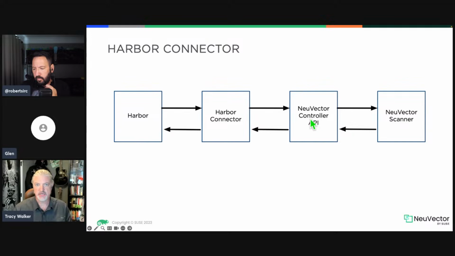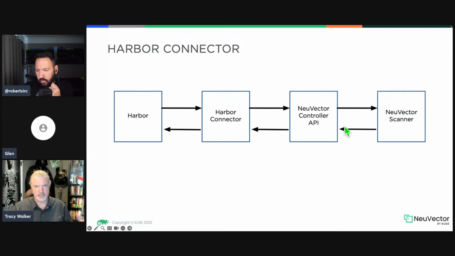We have a controller container. We also have scanner containers, as Glenn was mentioning earlier. These can now scale up and down automatically. You could run one statically for on-the-fly requests, but when the controller is going to scan a registry or lots of different images, it'll automatically scale this scanner.